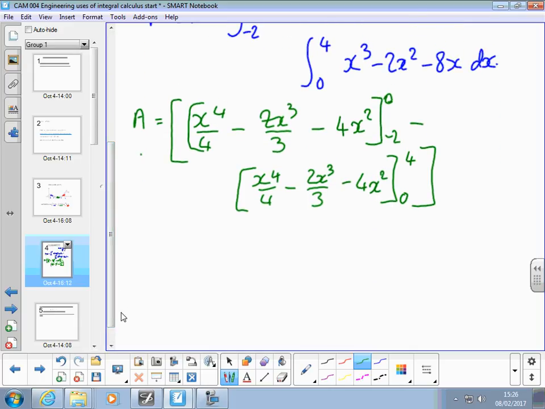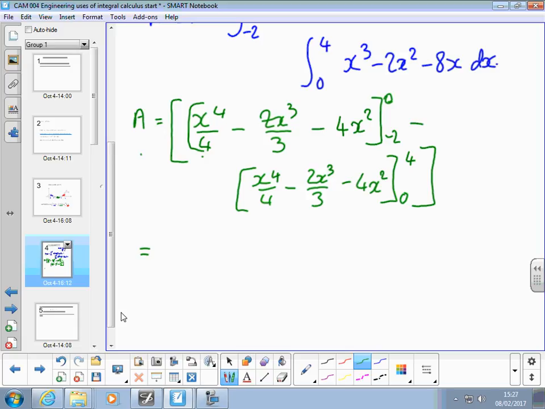Everybody following so far? So that definite integral, when x is equal to 0, that bit's going to be 0, is it not? As is that, as is that. Is not the whole thing equal to 0 when x is equal to 0?